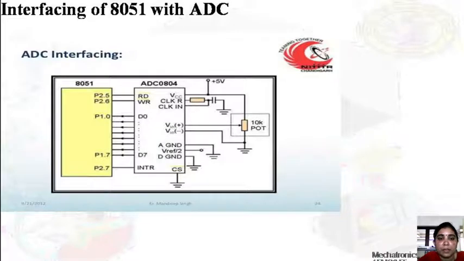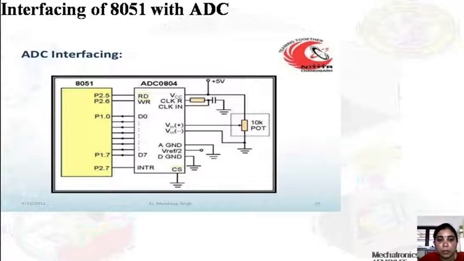Then this is the main topic here, interfacing of 8051 microcontroller with ADC. As I said earlier, the ADC which we are using is ADC 0804, and mainly we are seeing the block diagram of this IC interfaced with the 8051 microcontroller. In this block diagram you can see that we are making use of two ports of 8051 microcontroller, port 1 and port 2.